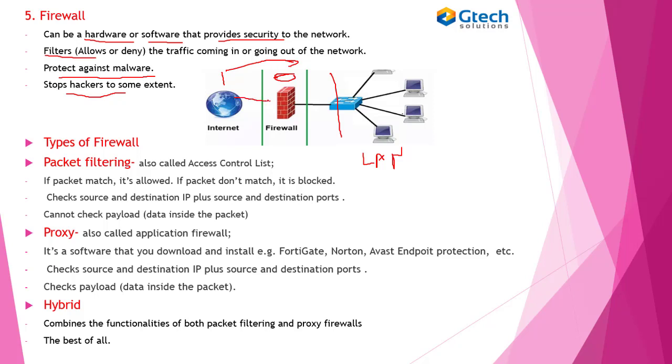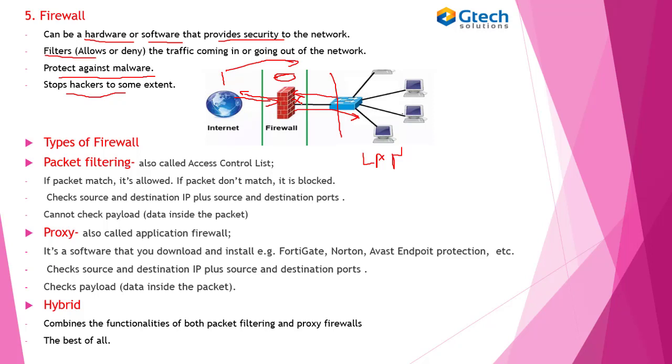Any incoming traffic will be filtered first by the firewall, then allowed in the network. Any outgoing traffic will be filtered by the firewall, then to the internet. In case there is any bad traffic or any suspicious traffic, it will be dropped.